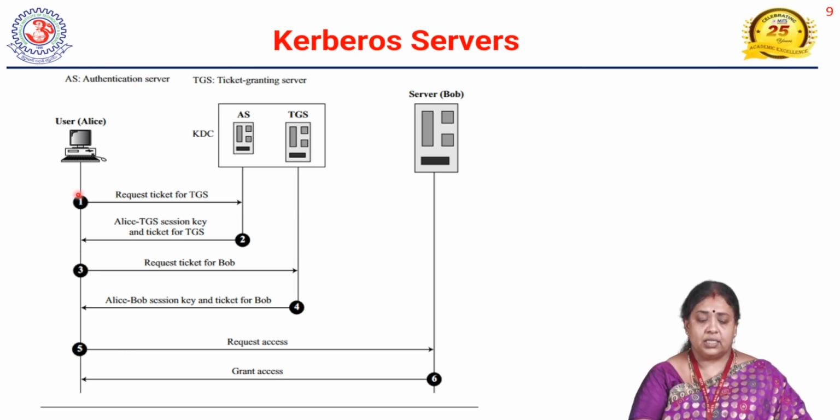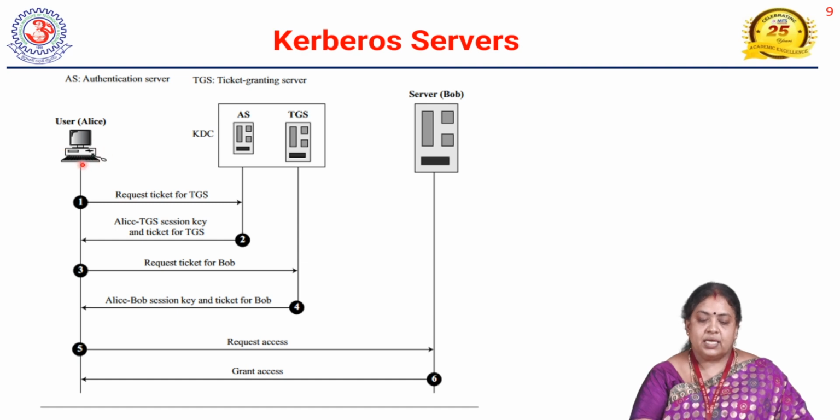The user wants to get access to the server. For this purpose, first he requests a ticket for the TGS, because the TGS is the one that grants the ticket. So he asks the AS for a ticket-granting ticket for the TGS. Then the AS verifies the identity of the user, whether he is an authorized user or not.